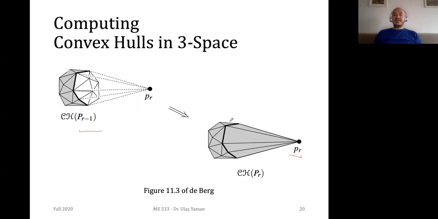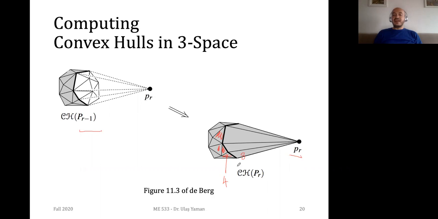And as I said, if any of these faces which have connections to the horizon are coplanar with your new triangles, for instance, assume that this is the fourth facet you have, and this is the 8 triangles you formed.